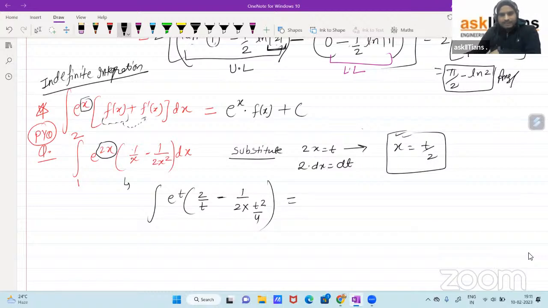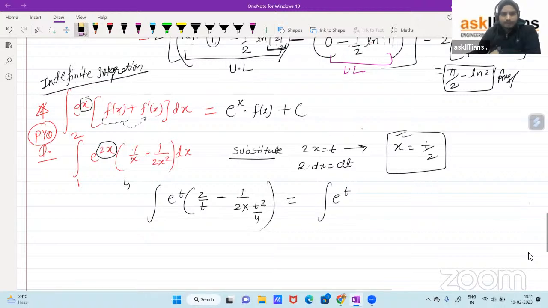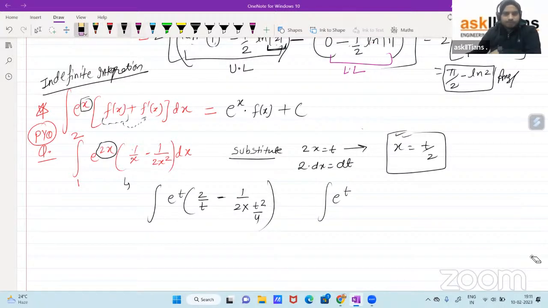So basically, you are getting integration e power t. One more thing, you have to change the variable also. There was a dx. From here you are getting dx as dt by 2.